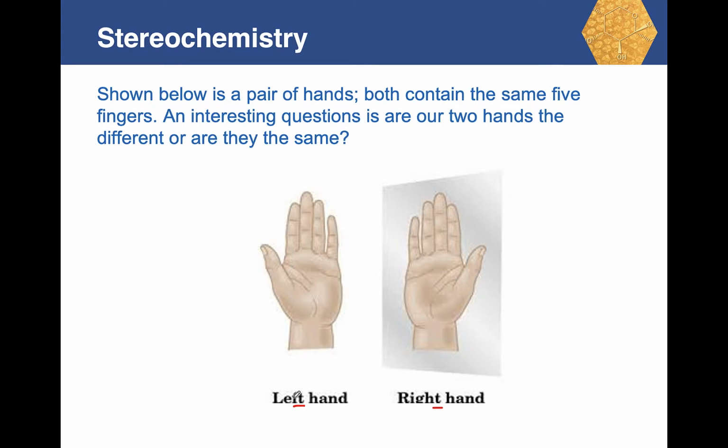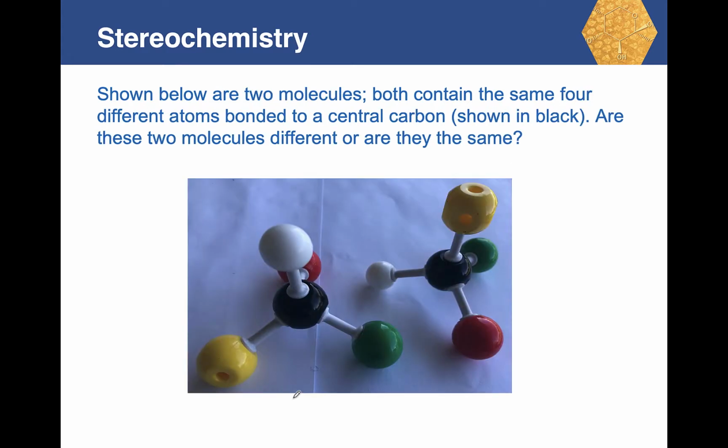even though they look pretty much alike. So let's start by looking at these 2 molecules here. So here is a carbon atom, and it has 4 different groups bonded to it. I'm emphasizing 4 different groups because you'll see that will become very important in our analysis.